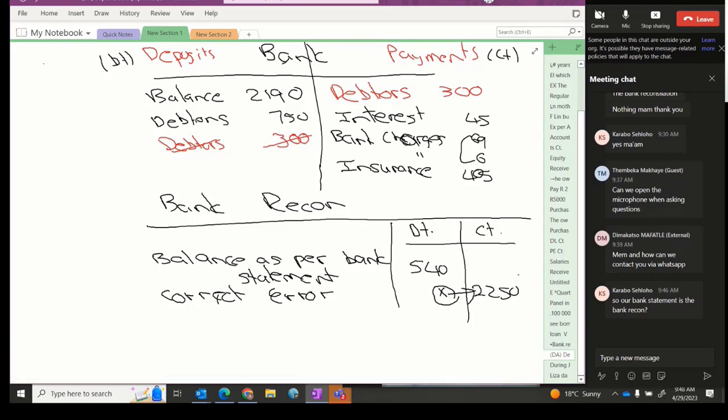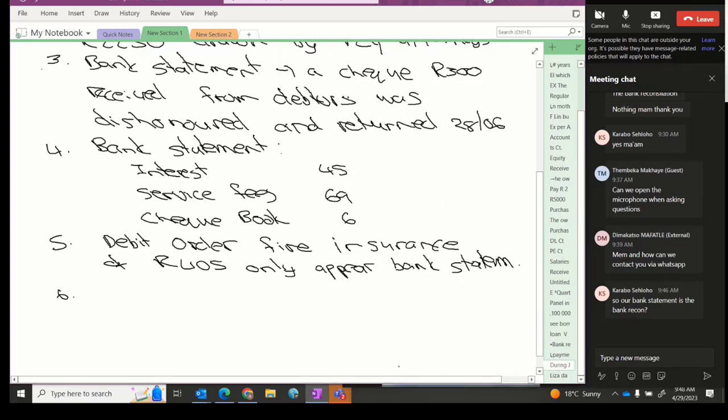Oh, it's credit to me. Yes. Debits on the statement. Okay, let me just go to the example again. Look at that number 5. It says a debit order for fire insurance only appears on the bank statement. So it already appeared on the bank statement, but you didn't put it into your books yet.